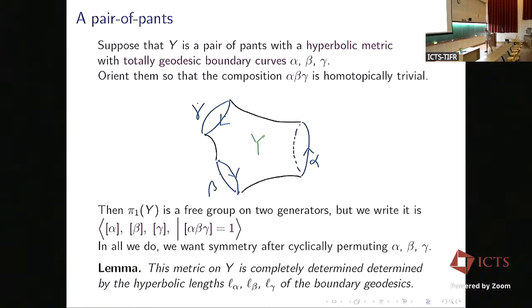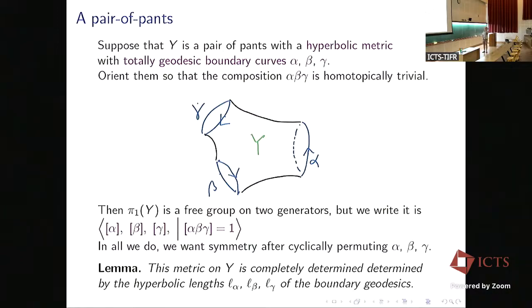So the fundamental group of the pair of pants is a free group on two generators, but it's going to be really useful to us to think about it as having three generators, which are the three boundary curves, and there's going to be one relation: if we go all of the way around alpha, then all of the way around beta, and all the way around gamma, then you can convince yourself that if you draw that curve on the surface, it's homotopically trivial.